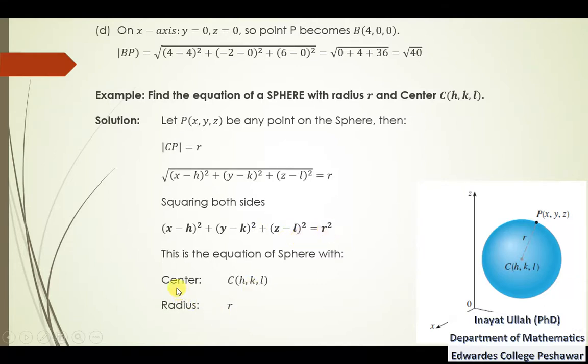Whenever you are given the center (h, k, l) and the radius r, just replace h, k, l, and r here to get the equation of a sphere. Replace h by its own value, replace k by its own value, replace l by its own value, and replace r by its own value to get the equation of a sphere. This is the standard equation of a sphere.